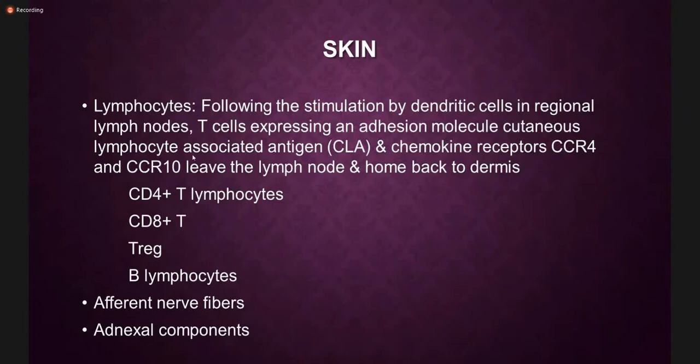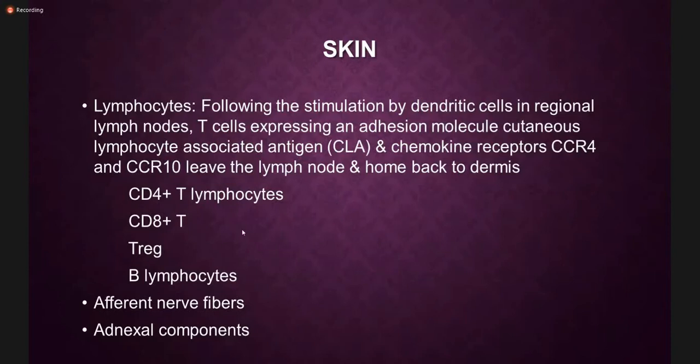Some other cells are also present, which are lymphocytes. Following the stimulation by dendritic cells in the regional lymph nodes, the T lymphocytes express an adhesion molecule called the cutaneous lymphocyte antigen or CLA. With the chemokine receptors CCR4 and CCR10, they leave the lymph node and home back into the dermis.